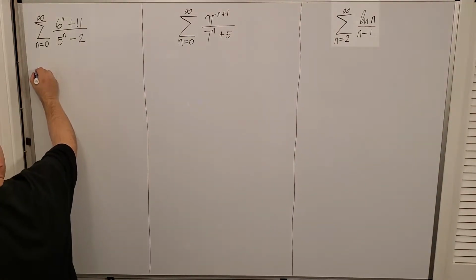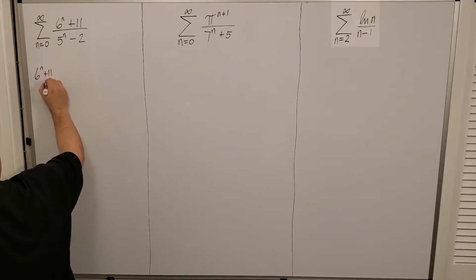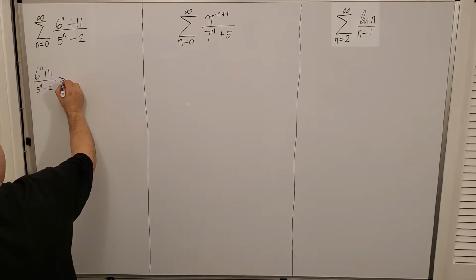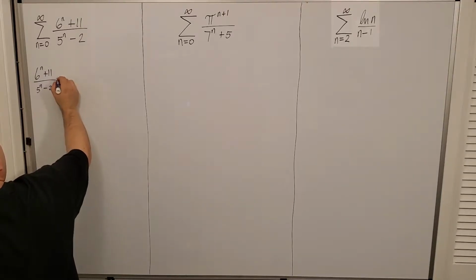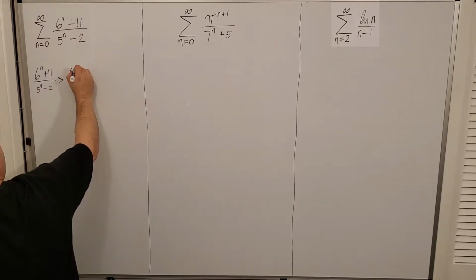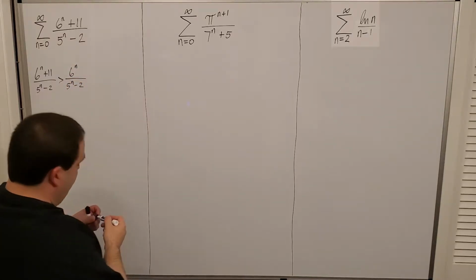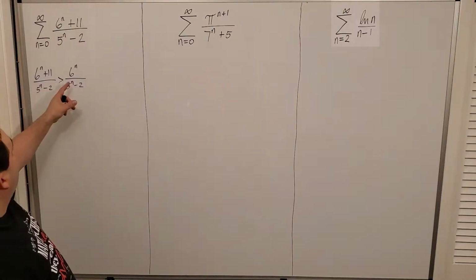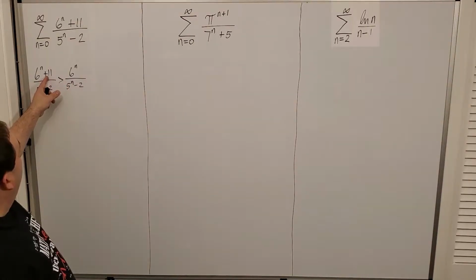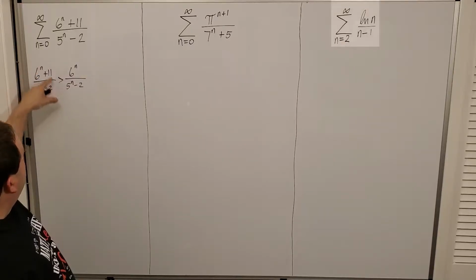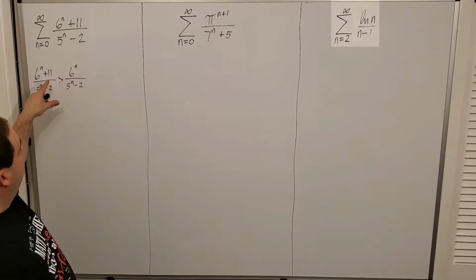Just a quick heuristic proof here. I know that (6 to the n plus 11) over (5 to the n minus 2) is going to be greater than 6 to the n over (5 to the n minus 2), because any fraction with a larger numerator than another, but the same denominator, is obviously going to be a larger value.